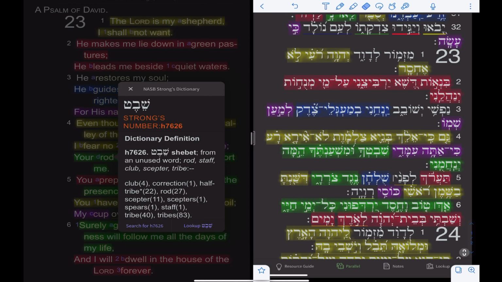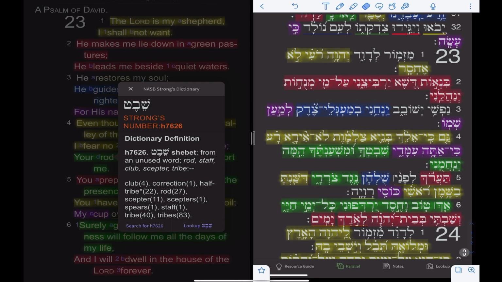You might also notice that shebet is also Shabbat, to rest. So it comes from this idea of resting, leaning on your rod or your staff. It also represents what tribe you're from, or your scepter, Shebet.